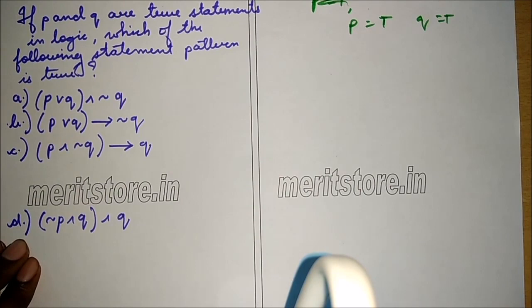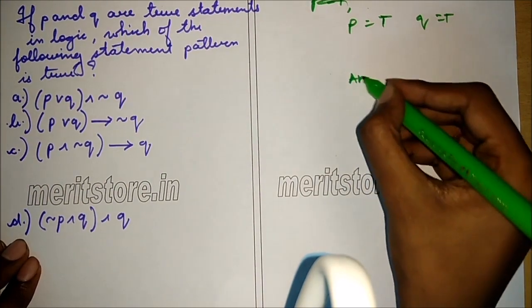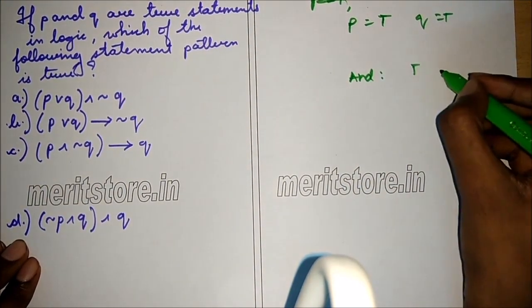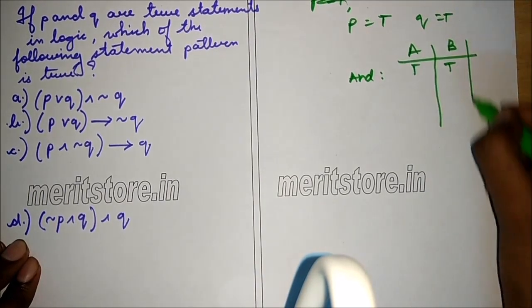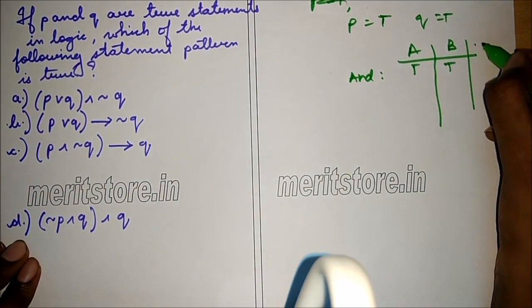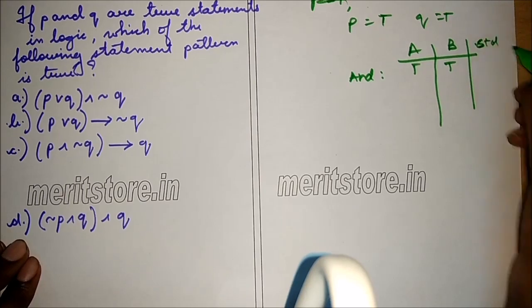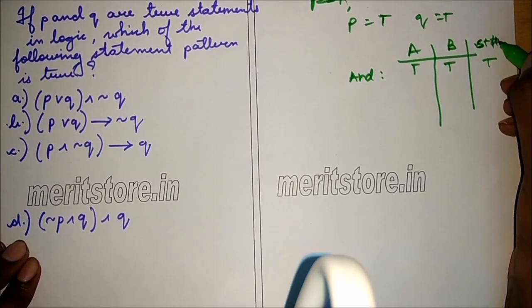So we'll use the basic rule for each statement. For and, the basic condition is T and T.